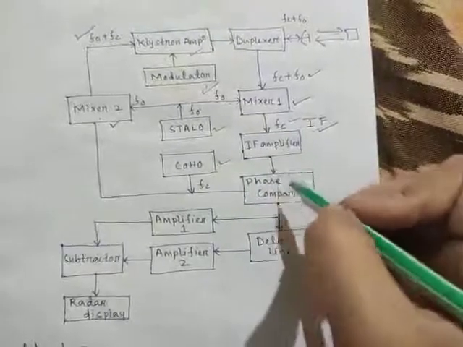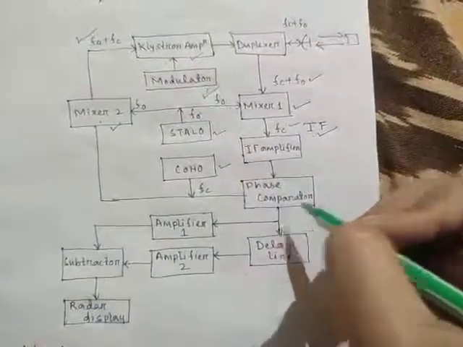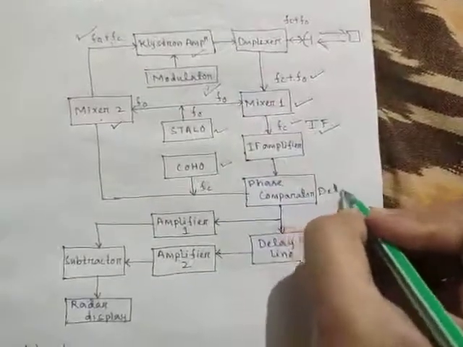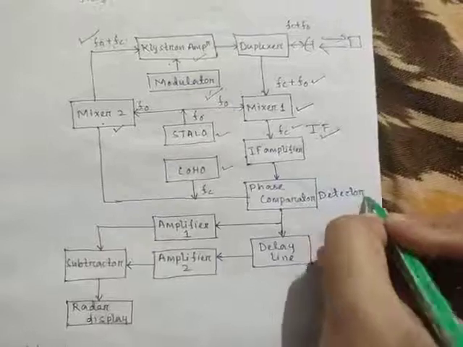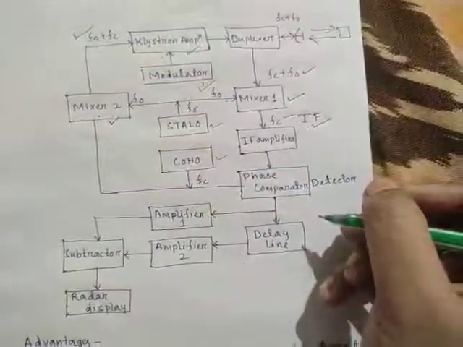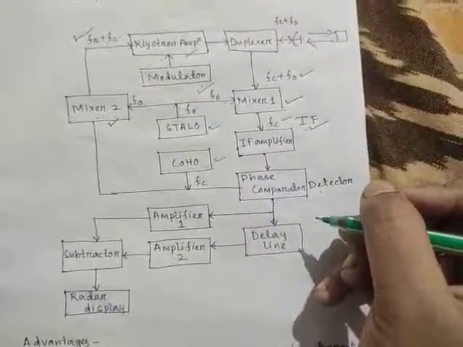Then the output of the IF amplifier is given to the phase comparator, which is also known as the detector. In general, we know that a detector demodulates the signal and recovers the original signal.